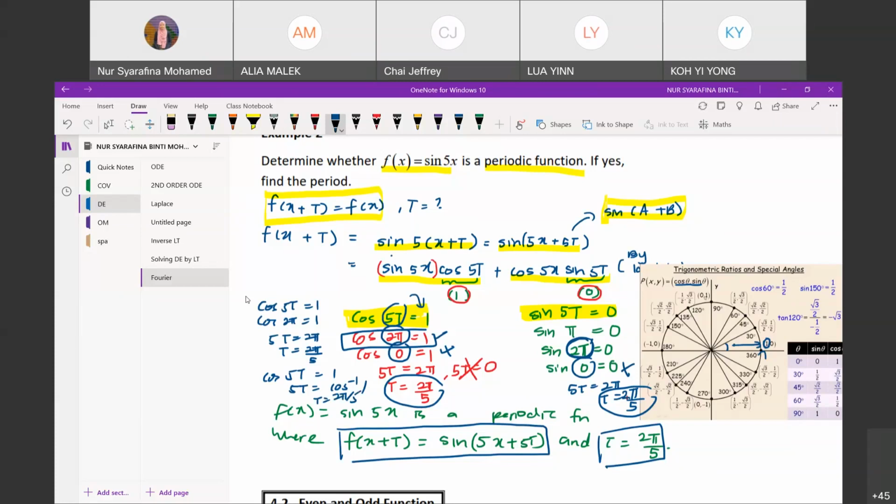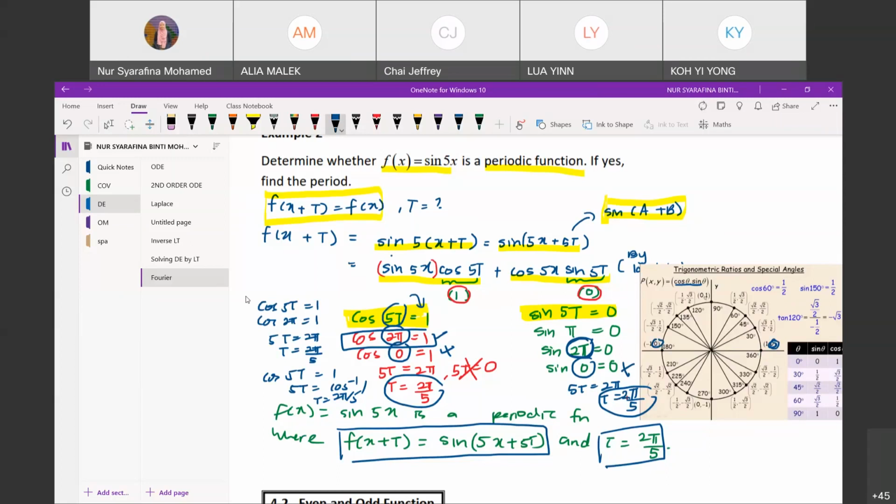And then for this case, sin 5T equals 0. What is the value of sin which gives you 0? First we have 0, sin 0 is 0. Then we have pi, sin 180 degrees, sin pi. And then we have 2 pi again. So we have pi, 2 pi, and 0.